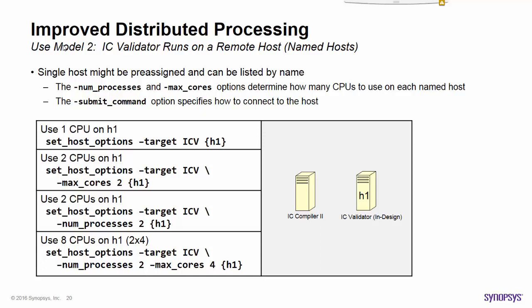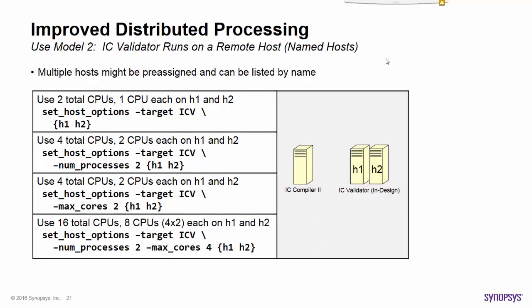Once again, please note that max_cores and num_processes are interchangeable, and if both are specified, their product will be used. For example, in the first row, the IC Validator will run on host H1 with 1 CPU.